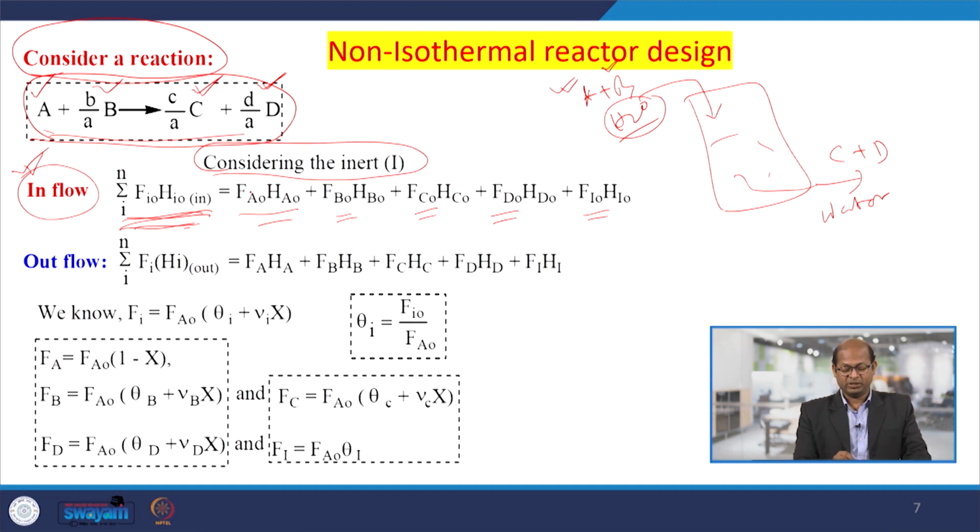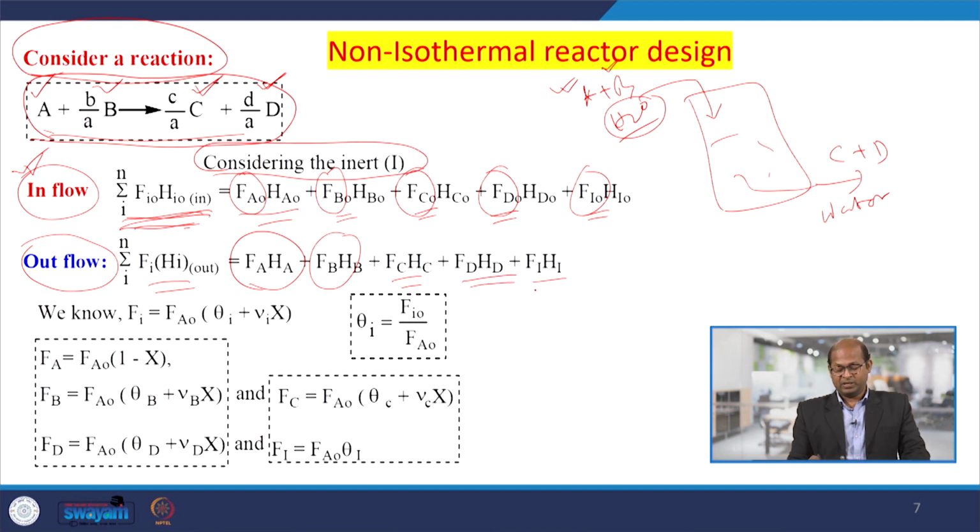There are components A, B, C, D and I, 5 components. Similarly for the energy out from the system, that is FAHA, FBHB, FCHC, FDHD, FIHI. So, for all components, this is out and this is in.